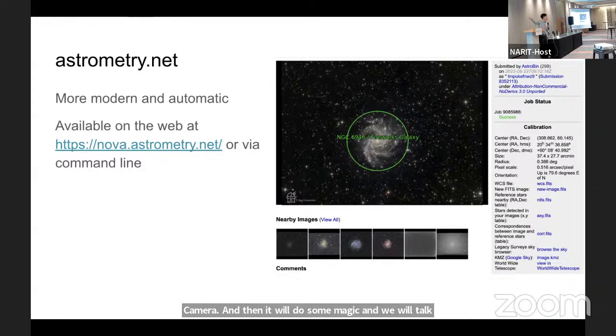And then it figures out where you are on the sky for you. It's quite amazing. In this example, somebody, I don't know who, I just screen-capped this from the website, uploaded a picture of the Fireworks Galaxy, and astrometry.net figured it out for them. That's the object they're looking at. So it's very useful.